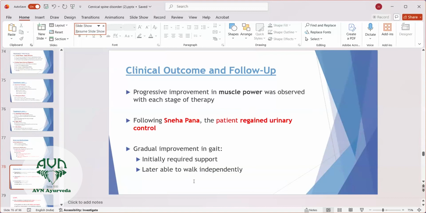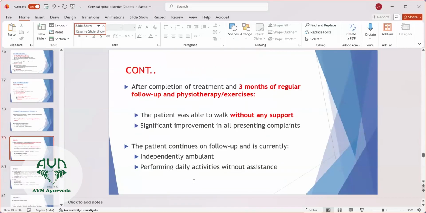Initially the patient needed support; later he was able to walk independently. After completion of the treatment, with 3 months of regular follow-up and physiotherapy exercise, the patient was able to walk without any support, with significant improvement in all presenting complaints. The patient continues on follow-up, is currently independent and performing daily activities.